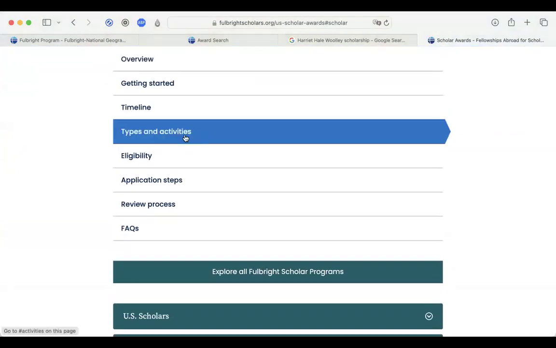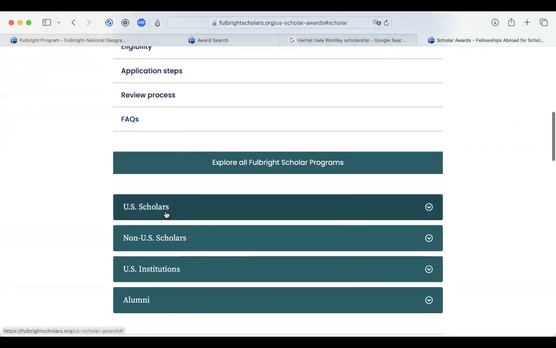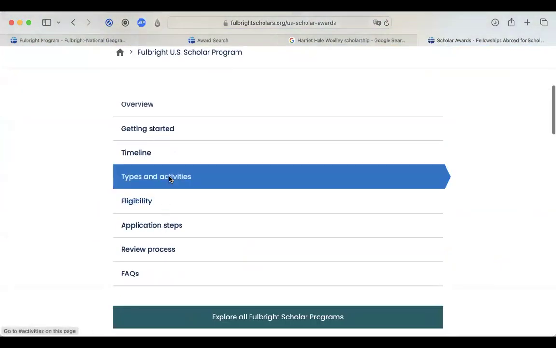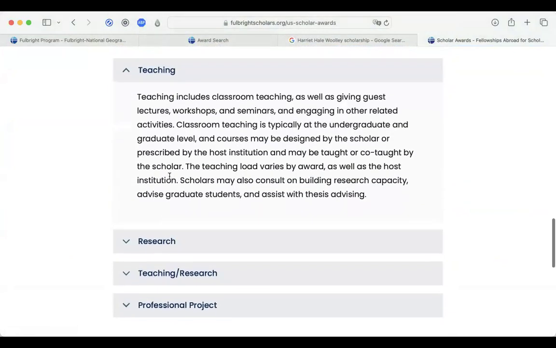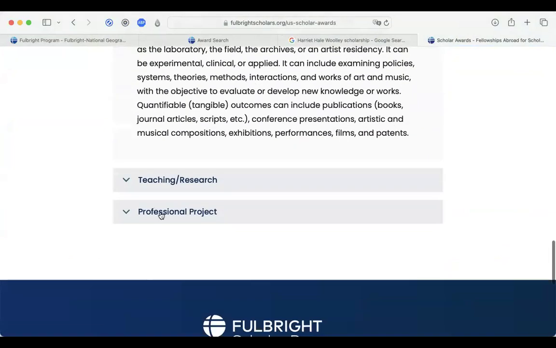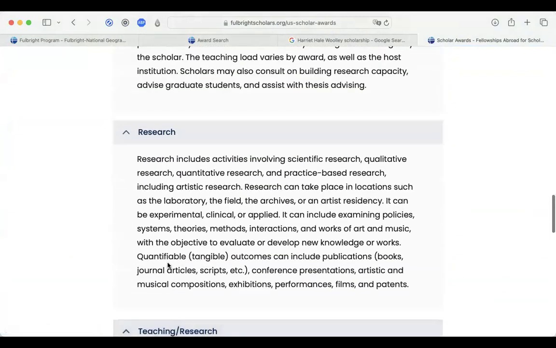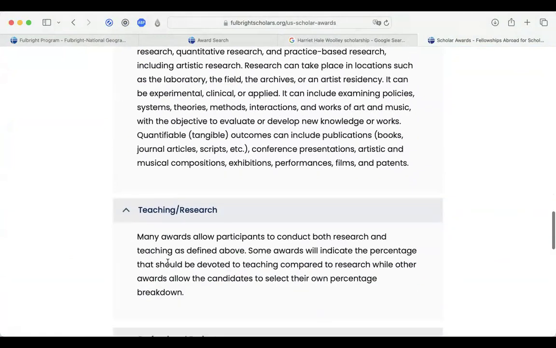And we're going to open up that types and activities here. So if we look at types of activities, we have teaching and research, and professional project. Now, when I applied for the program, I did a teaching and research proposal, which most countries will allow both.